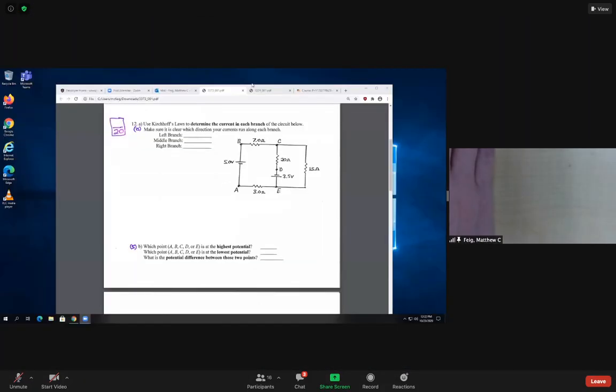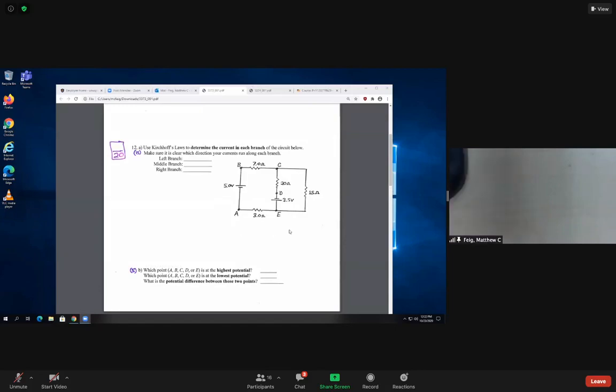Okay, let's look at this one a little bit. We have 5 or so minutes. Let me just glance through the questions and come back to this one. Use Kirchhoff's laws to determine the current in each branch. You can see here that at one point in time, this was going to be a 20-point question, and the majority of the points were part A, but not quite all the credit.